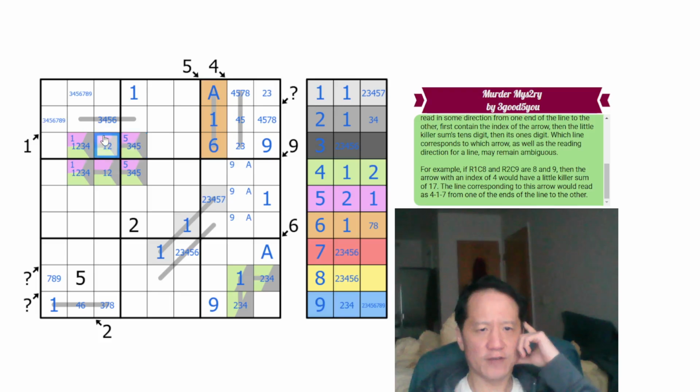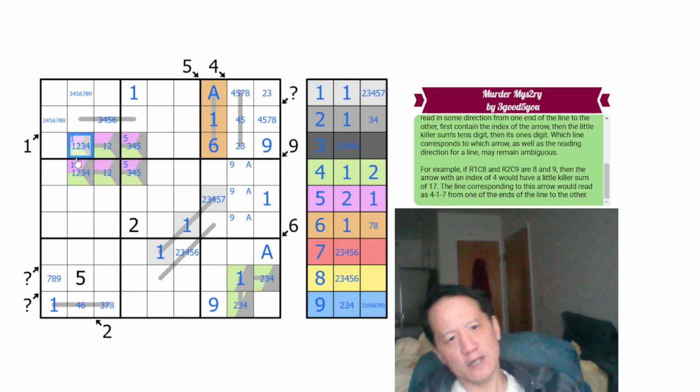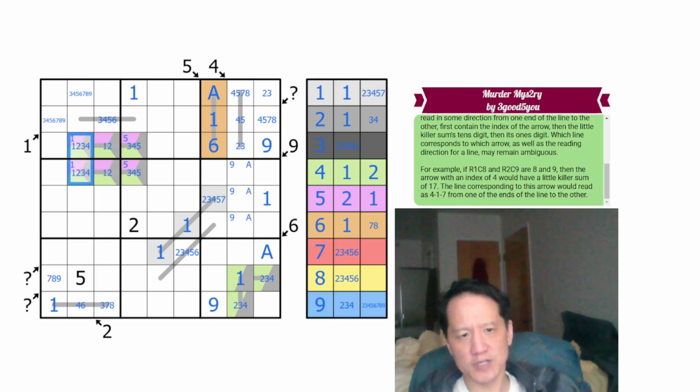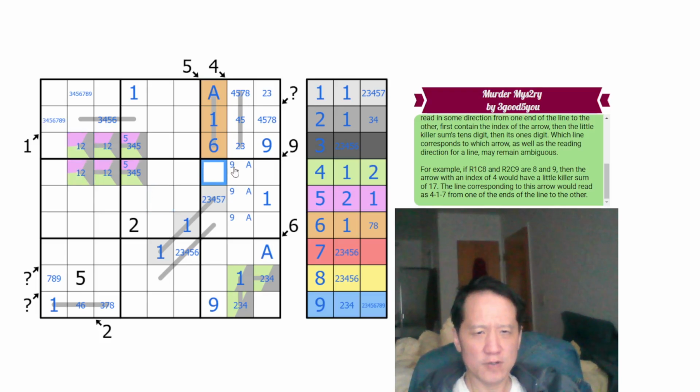So it's either 5, 2, 1, or this is 2, 1 something, or it's 4, 1, 2. And either way, the 2 has to be here. So this has to be a 1, 2 pair also. So this can't be 2. This could be 3 or 3. So the 2 has to be 1.